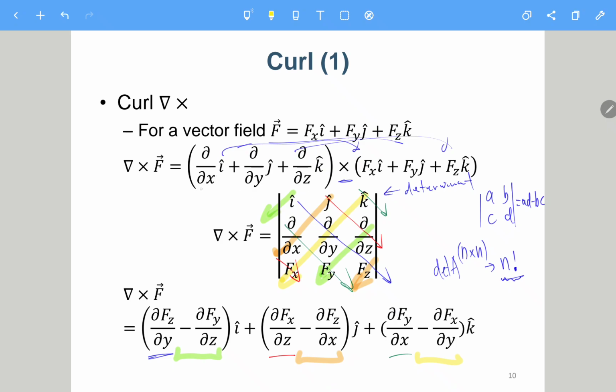Say we distribute this one. For the first one, i hat cross i hat will be 0. So the first one is 0.